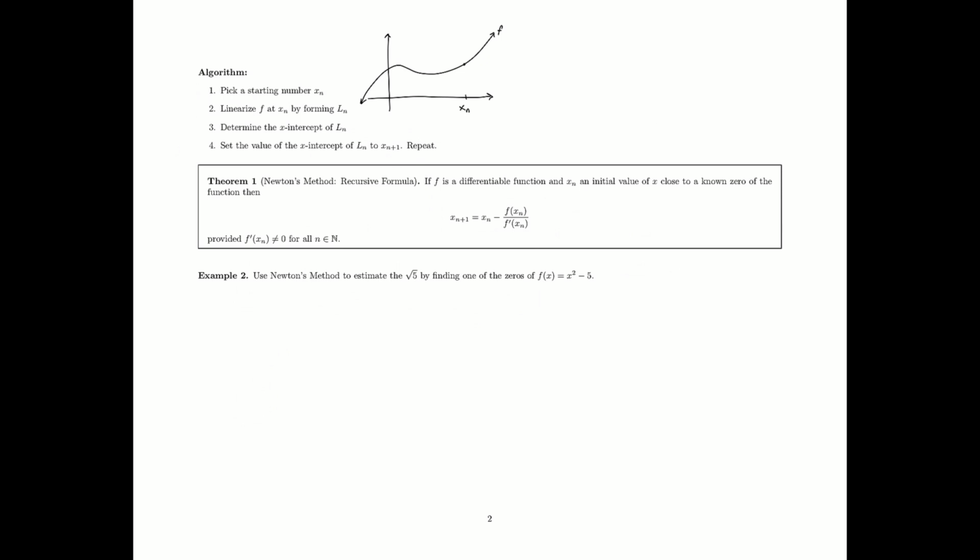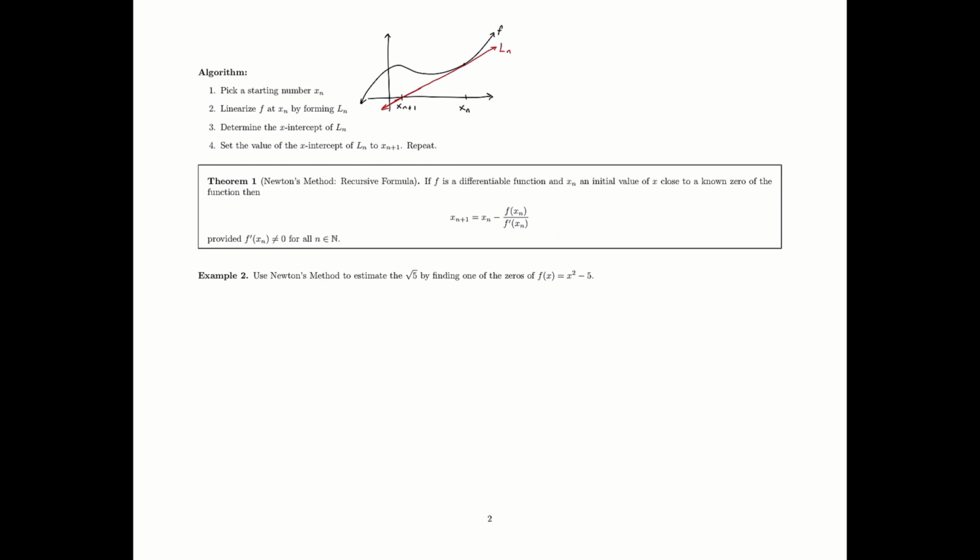At that point, we form the tangent line. So that's our L_n. And now this is going to cross eventually. It crosses someplace. This intercept right here is our x sub n plus 1.